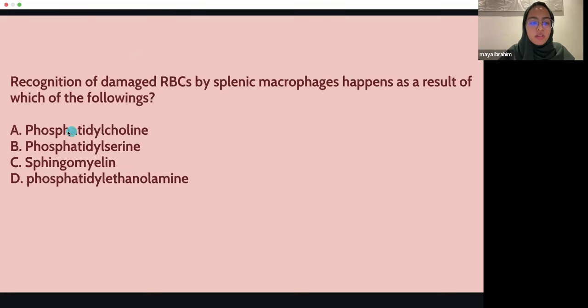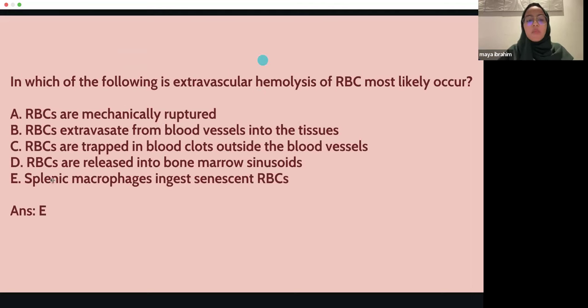Okay, can you explain why? Okay. So remember how we said in the beginning, the RBCs only live for 120 days, and by the end of the 120 days, they get taken up by splenic macrophages. Why do they get taken up by splenic macrophages? They get taken up because they lose their deformability feature when they approach 120 days.